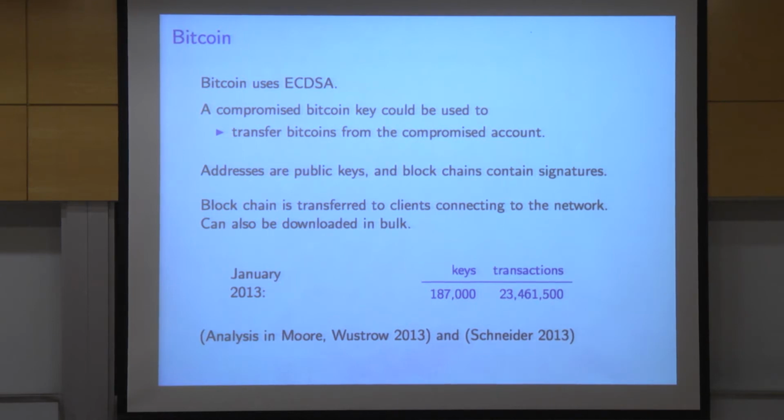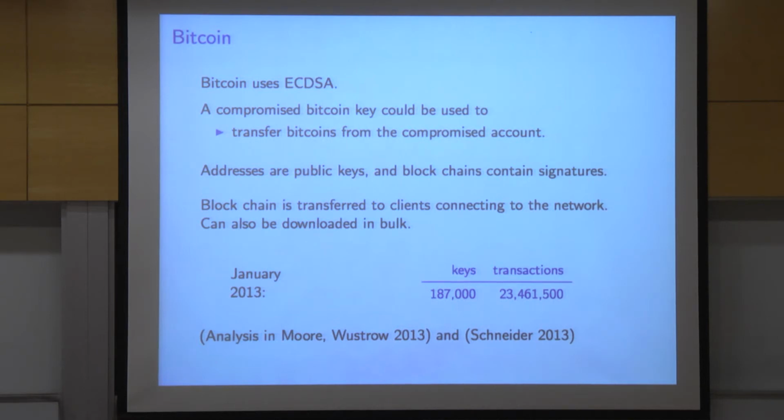And so this means that if you want to analyze Bitcoin, you can just sync yourself into the Bitcoin blockchain and download all of the keys and all of the signatures. And in order to make this process easier for new clients, there are many places where you can download the blockchain in bulk, and you can just find one and download everything and start analyzing.